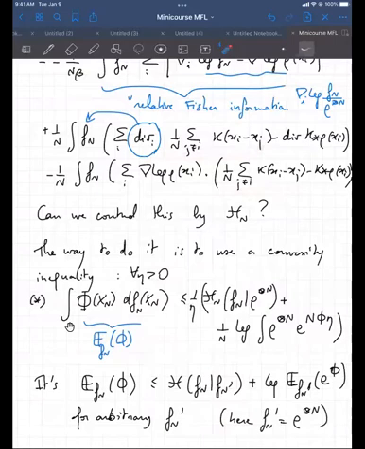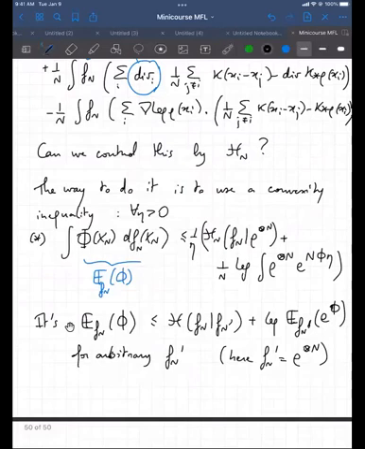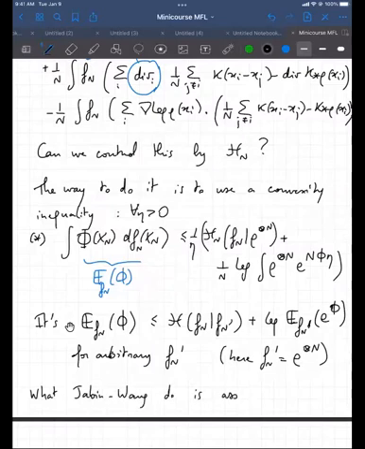Right? So let's see what this does. So what Jabin Wang do is assume that diff k is also nice.